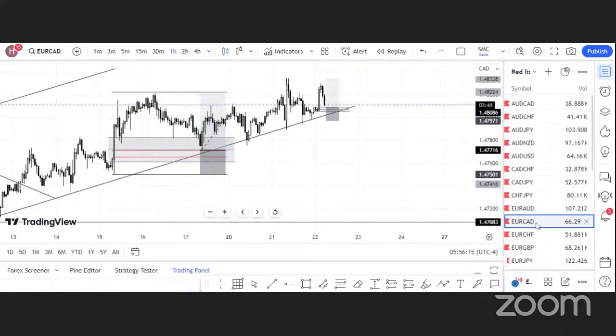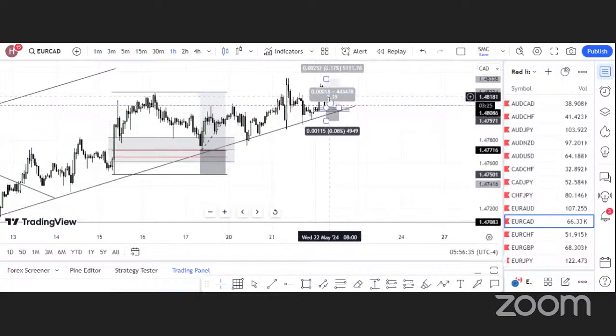So if it closes inside the zone, it's not a good indication for a reversal. Okay, but what I want to see is I want the market to get inside, then reject. Okay, so the rejection I'm expecting is a long wick with a small body, and I want the wick to be below, the body to be above.